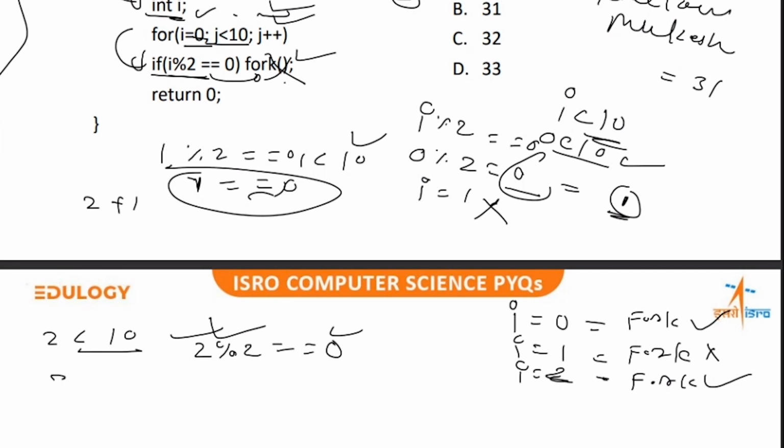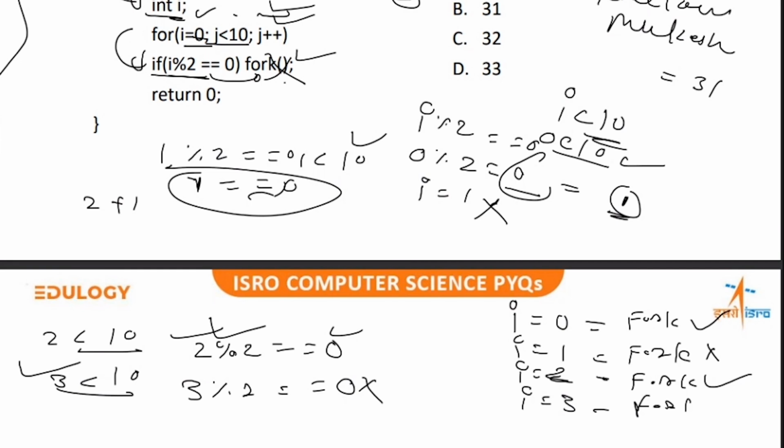So 3 is less than 10, but 3 modulo 2 does not give 0, so fork will not be executed. Again i increases by 1, so 3 plus 1 will be 4, because of the i plus plus increment.